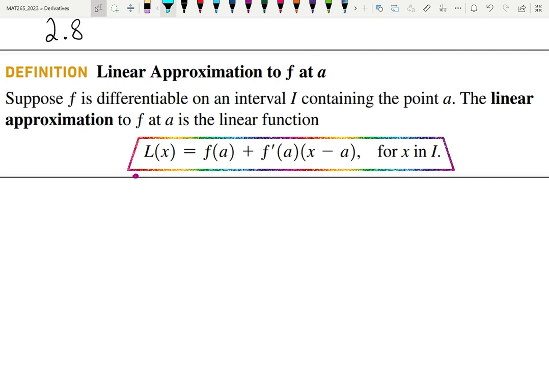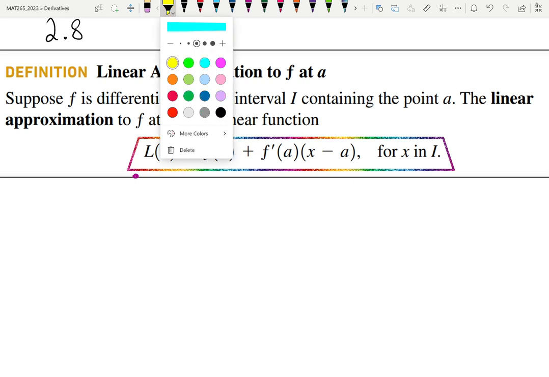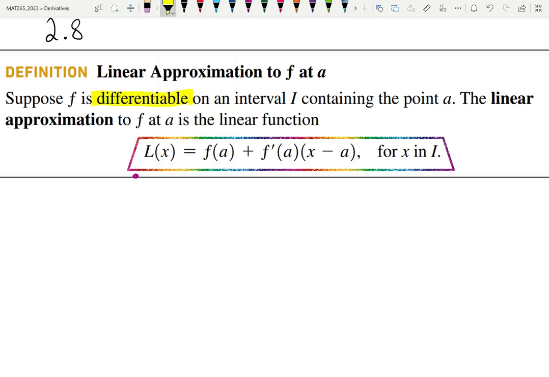Suppose the function is differentiable on the interval I. On the interval means at every point of that interval. The linear approximation of f is given by the function capital L, that's the classical international notation, L(x) = f(a) + f'(a)(x - a) for x in I. I is the interval. It's a very popular notation for the interval.